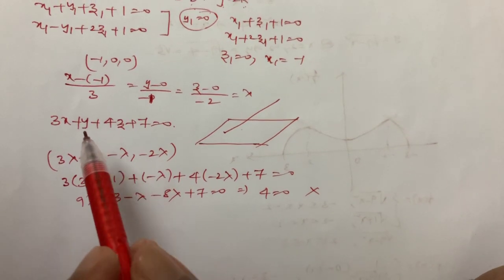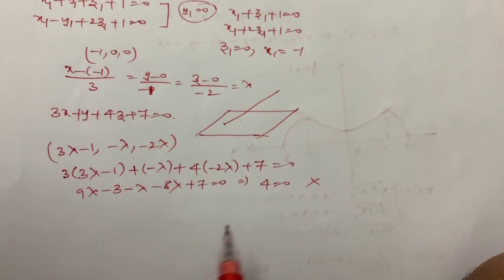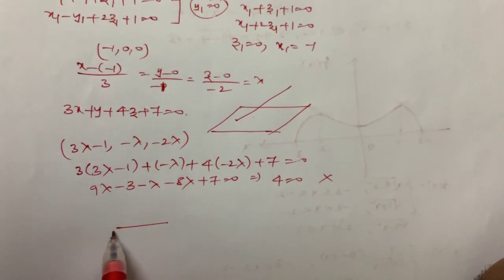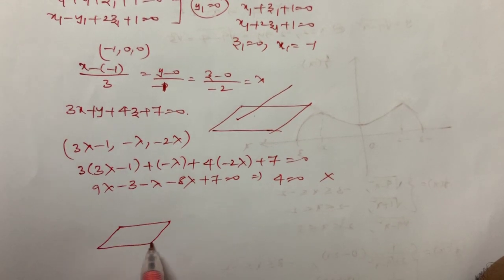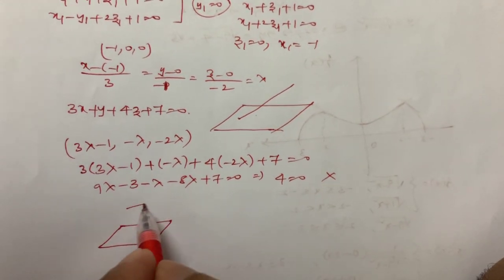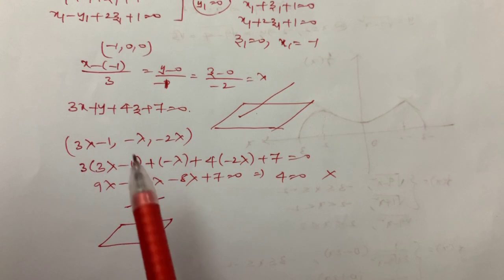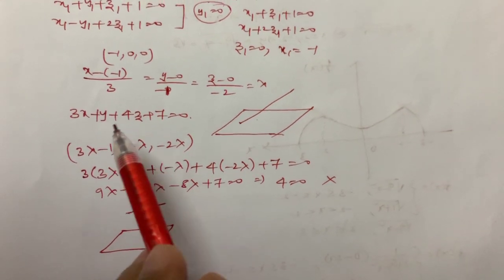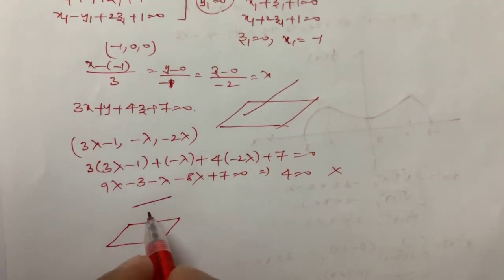From this what we can say is the line and plane are not intersecting each other. Now we will see the DRs of the normal to the plane.